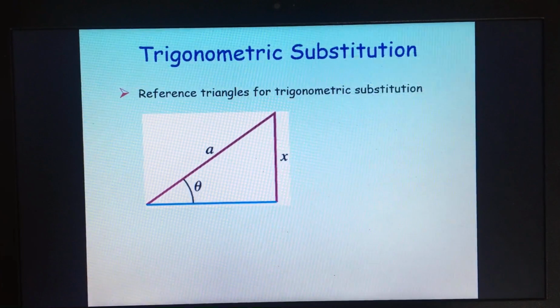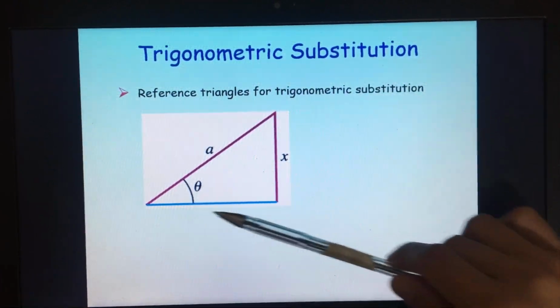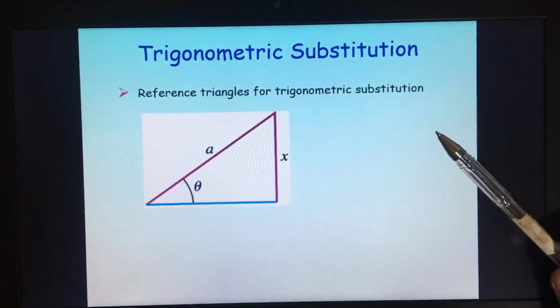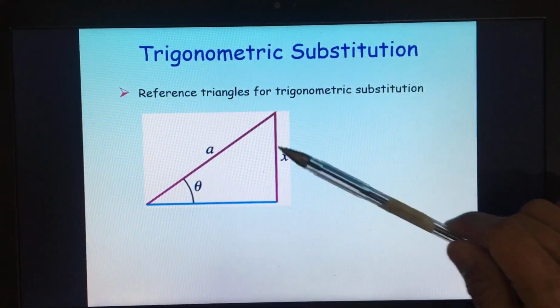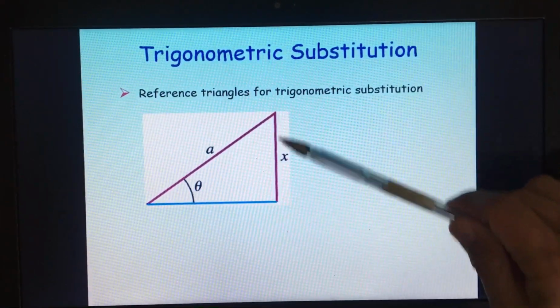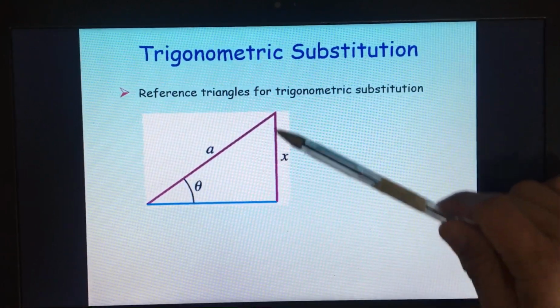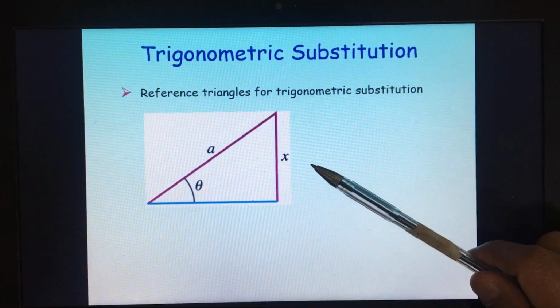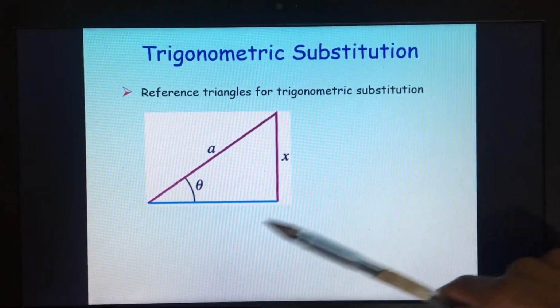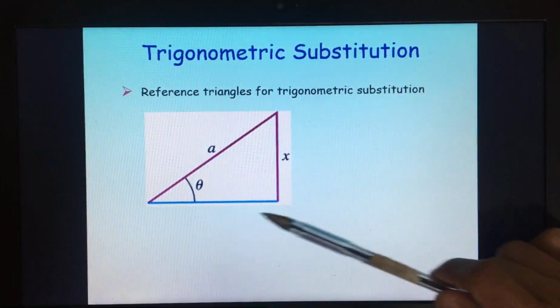Alright, by the Pythagorean theorem we can solve this, because the Pythagorean theorem says that the square of the hypotenuse is equal to the sum of the squares of the two legs, right? So from that theorem, we can solve for this side.